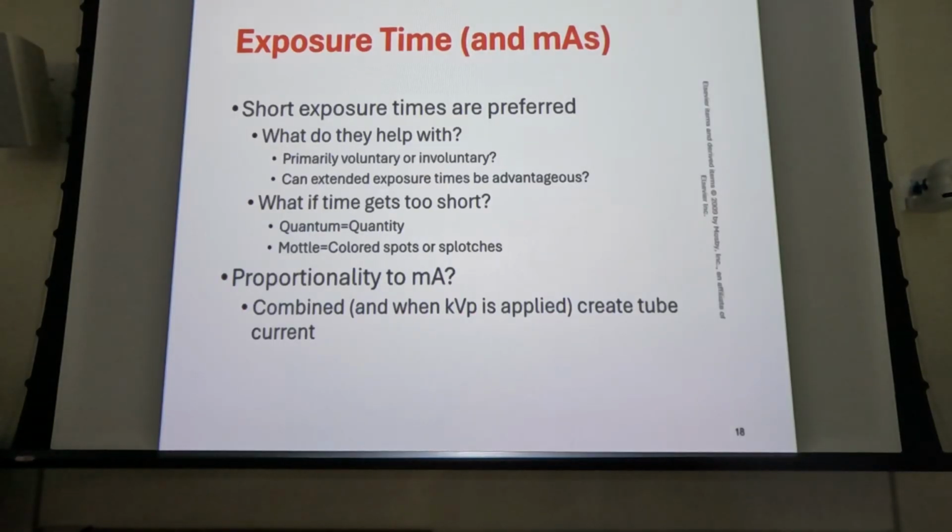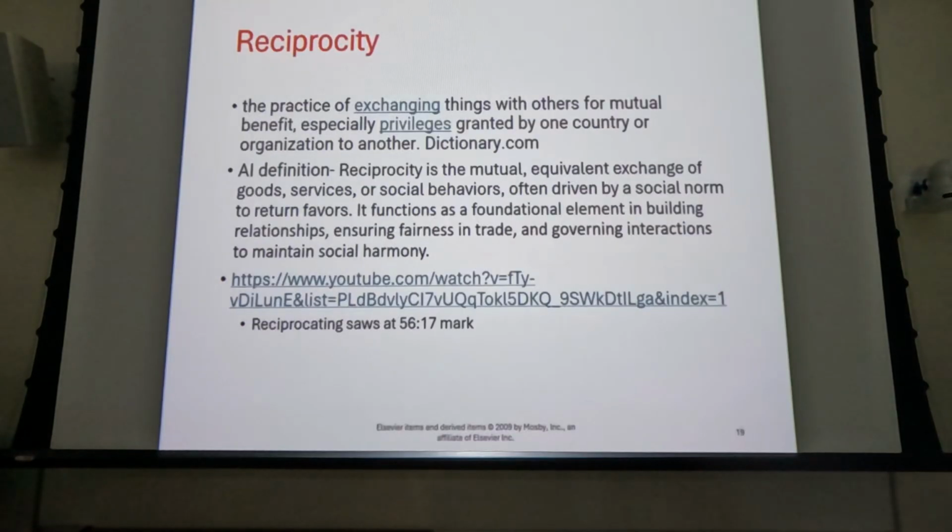Within a reasonable range, you're just not going to introduce quantum mottle very easily anymore. But it's still testable. Quantum mottle is just inadequate exposure, so primarily too low a mass. Exposure time times your MA gives you your mass, and that's once we apply the kVp and the electrons jump across the tube, we get actual exposure.